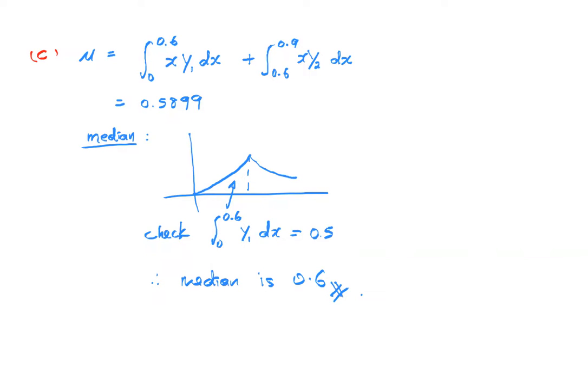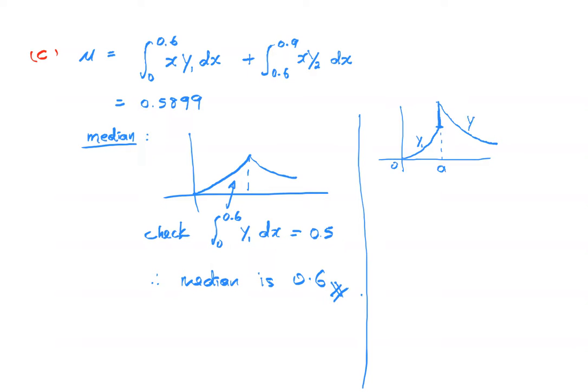Now, let me explain to you why I say I must check. I'm going to give you three different scenarios. For example, if I give you a probability density function, one goes like that, this one goes straight up, then this is another function. This is my y1, this goes straight up, and here is 0 to a.